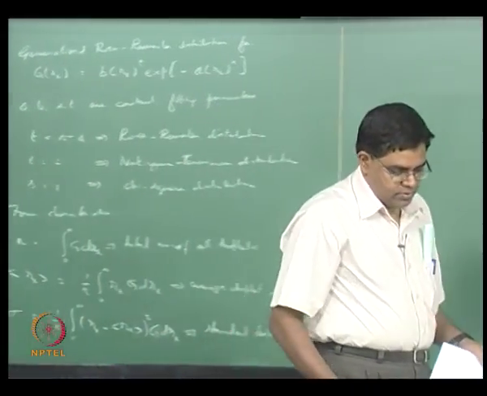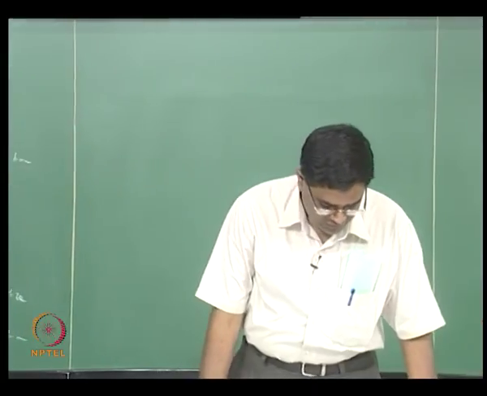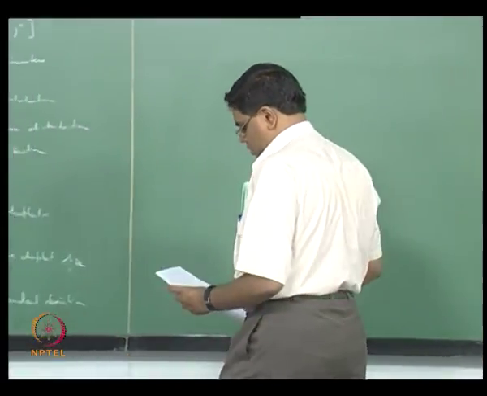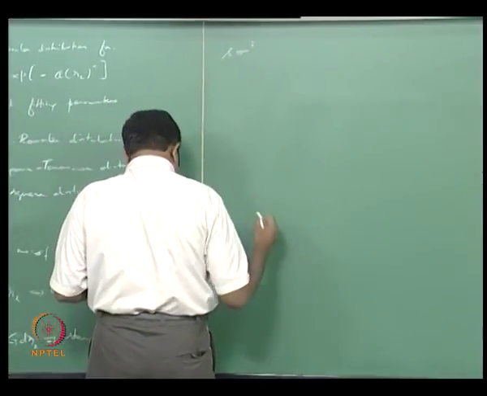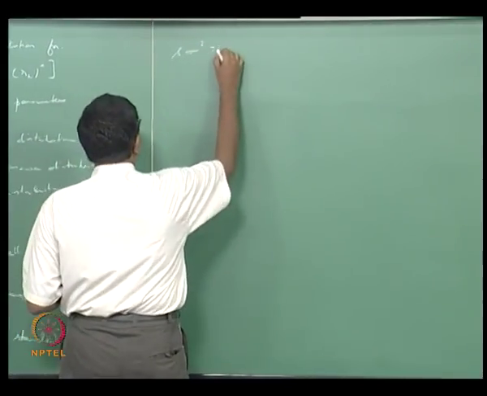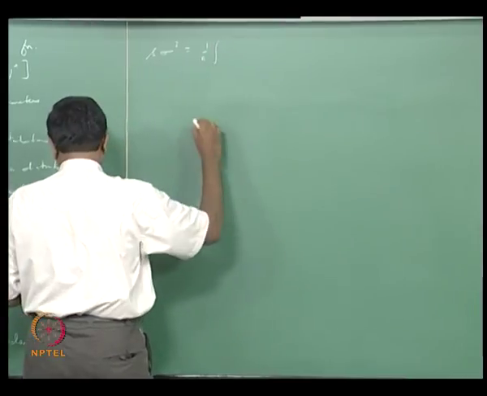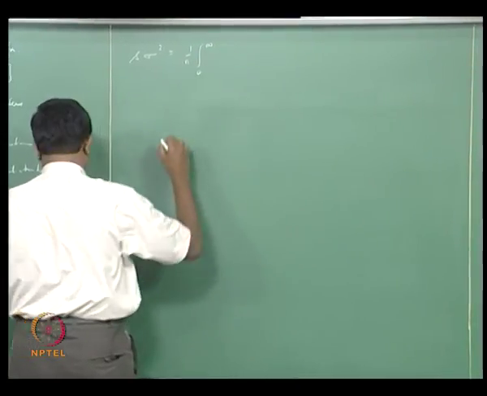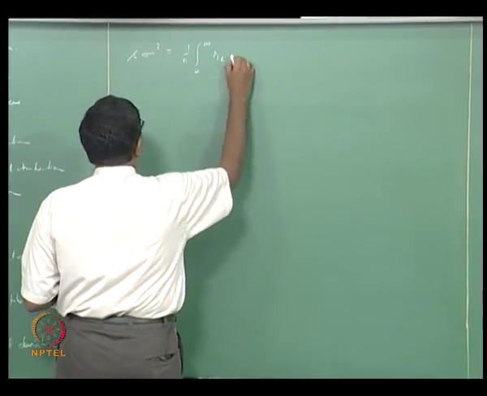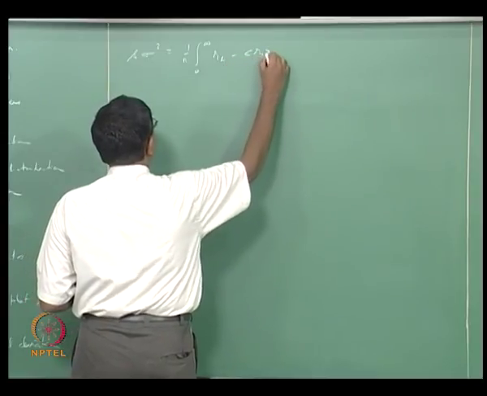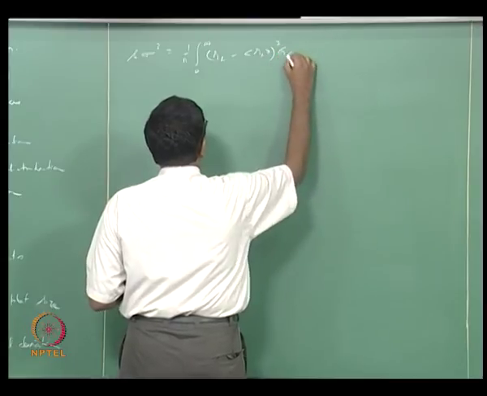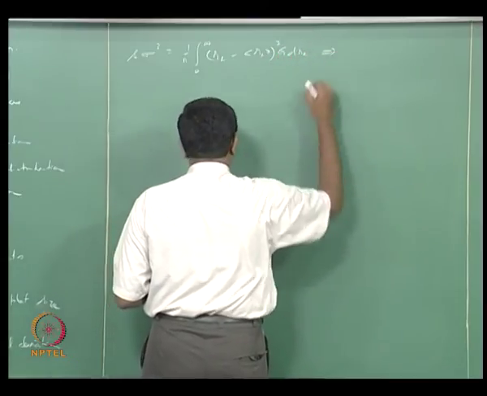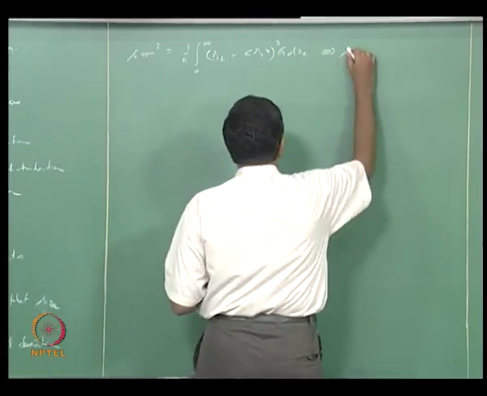And finally you have the skewness, which is S times sigma cubed equal to 1 over N integral 0 to infinity of (RL minus mean of RL) the whole cubed G dRL, which is the skewness.